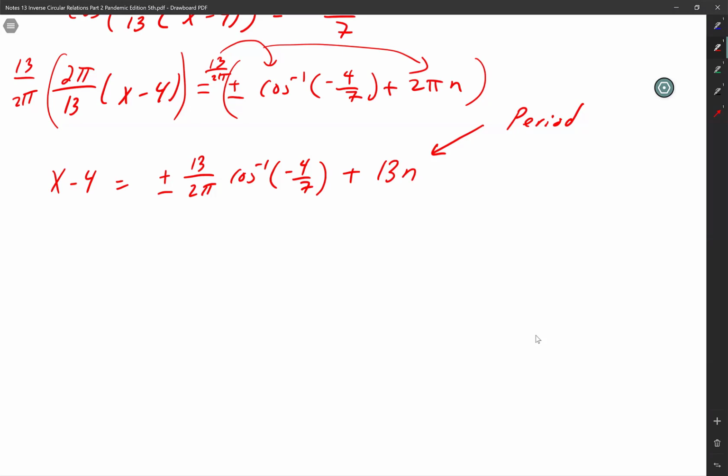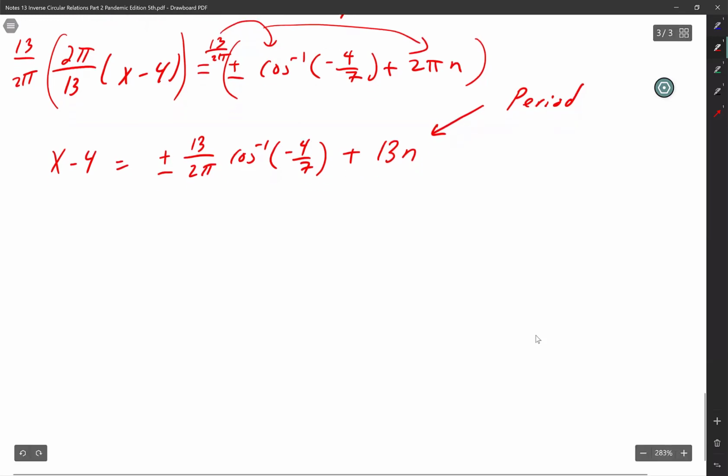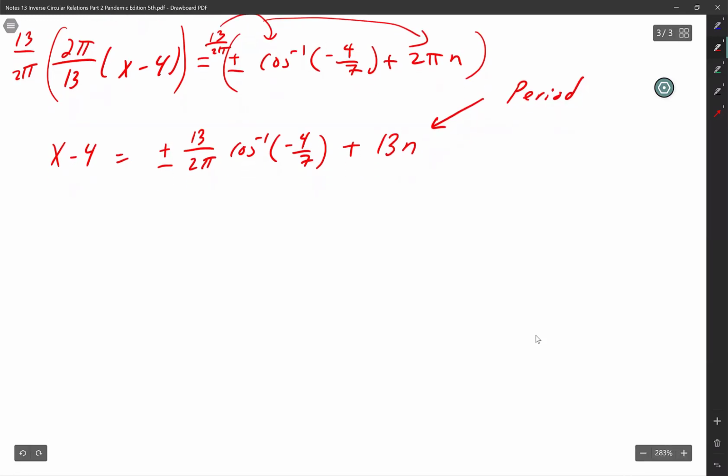Add 4. Add 4. So here we go. Do not write this down, just listen, guys. I'm going to help you. A long time ago, when I was a rookie teacher and I was teaching this, I would just say add 4, and everyone got it while I was teaching it, but then when they started doing the assignments, they were getting them wrong all the time.